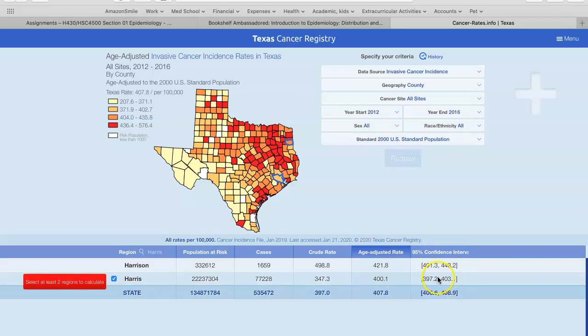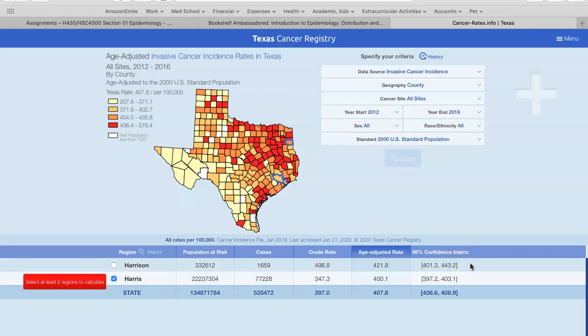Now, the confidence interval is written better here than it is on the template in the classroom, so it's easier to understand. When we're discussing confidence interval, again, that's discussing how certain we are with the data that we've come up with, so our analysis or our rates that we've determined. So we have a low and a high.